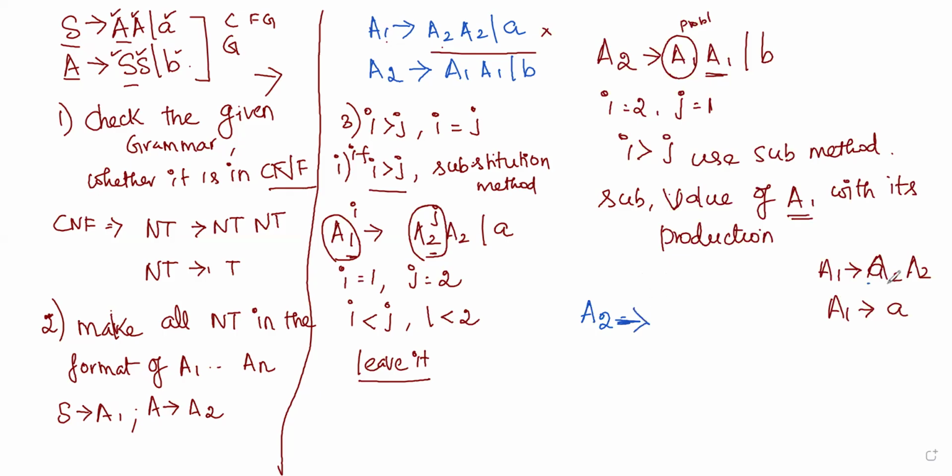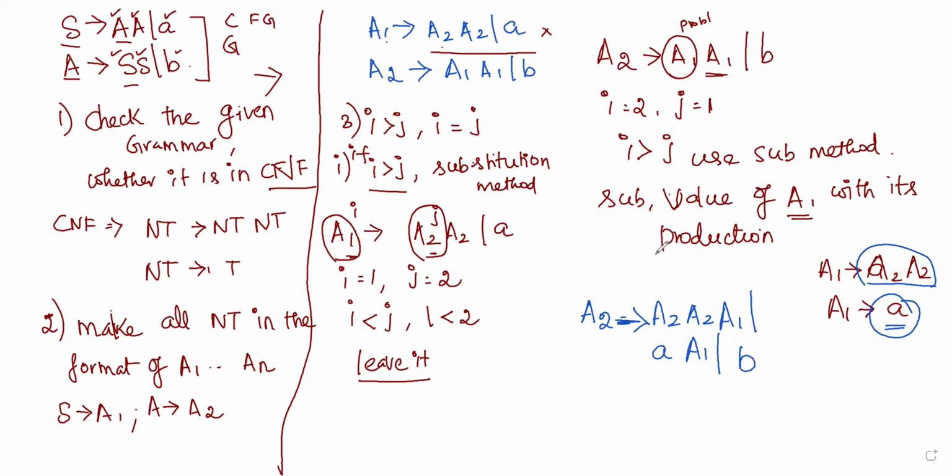What will my A2 be? First I apply it: this A1 is replaced with its own production. So A2 and A1 gives A2 A2, and now I'm applying the second production, A, and B. There is no A1 there, so B comes alone.